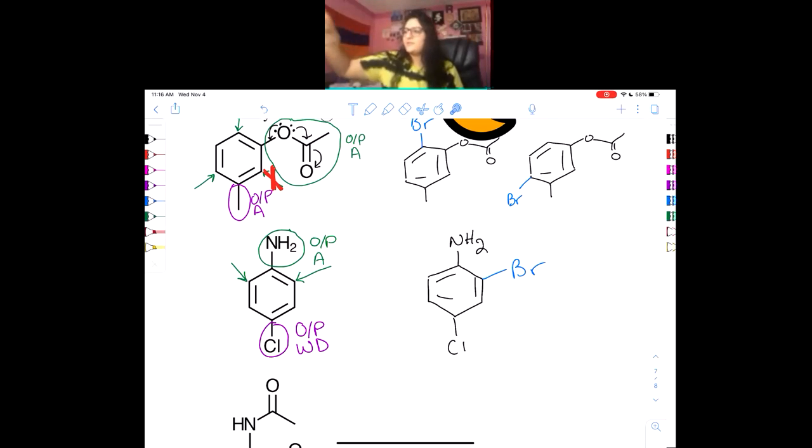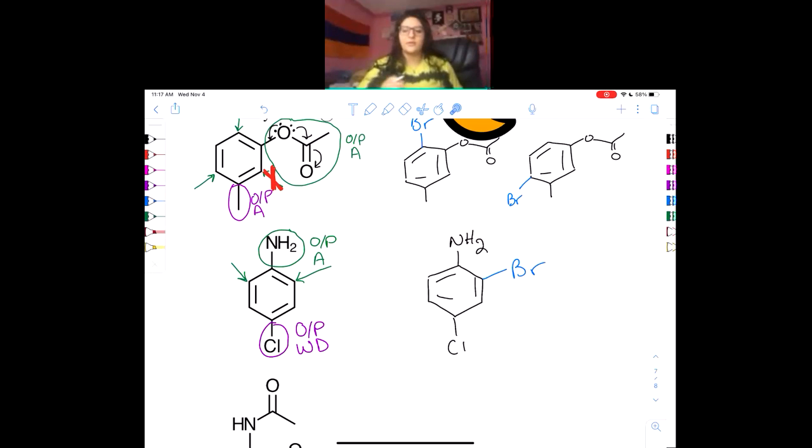Any questions? You guys are doing so great. Someone said, if we had Friedel-Crafts alkylation with this molecule, would it still work because of the halogen? So if we were doing an alkylation, for example, at this point, yes, the chlorine would work, but since we have NH2 on the ring, it's still not going to happen.